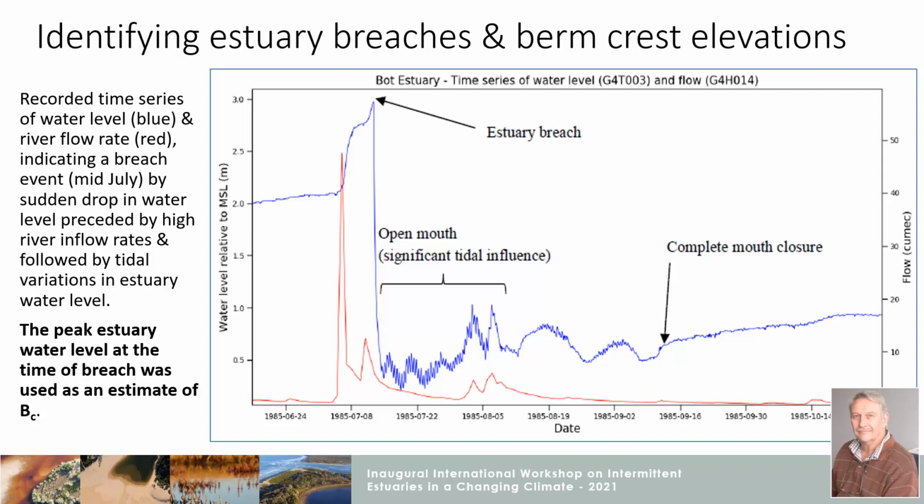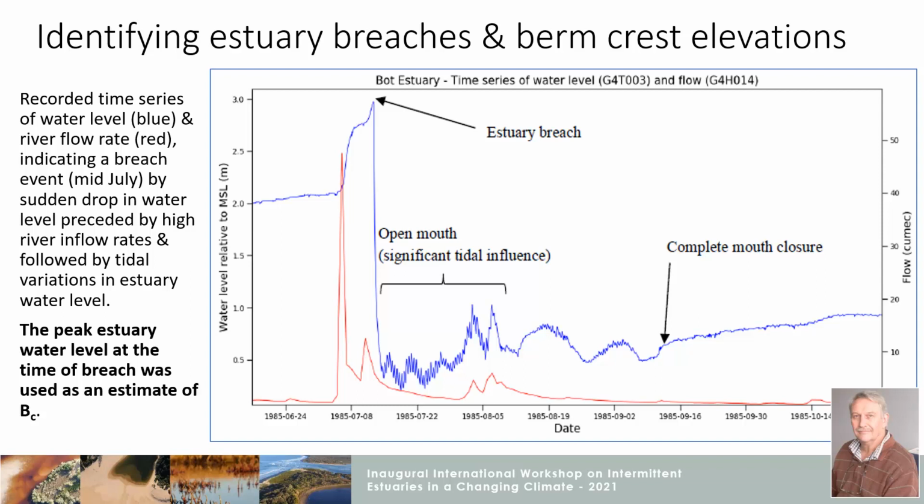Then it breached and the water level dropped dramatically, and afterwards the mouth was open, and you can clearly see the tidal influence on the water levels there, the normal sea tides, the effect of those inside the estuary. And then gradually the mouth started closing, and some weeks later there's no evidence of any tidal influence. The mouth is completely closed and the water level is starting to gradually increase again.